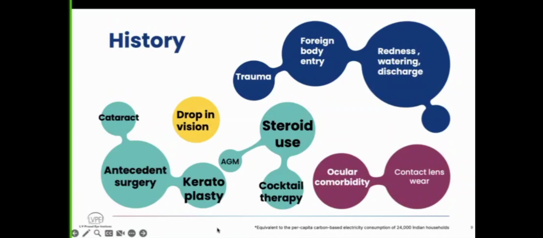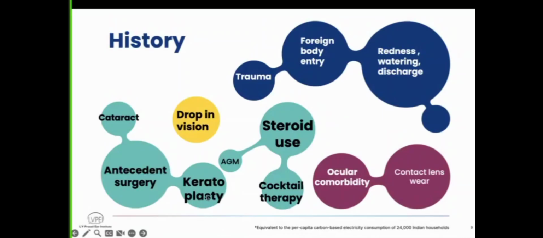And if the infection does not respond to any of those medications, it will be very difficult to make a diagnosis. So you should always discourage the use of cocktail therapy, or rather, you should tell the patient the importance of getting a microbiological or accurate diagnosis for such patients.